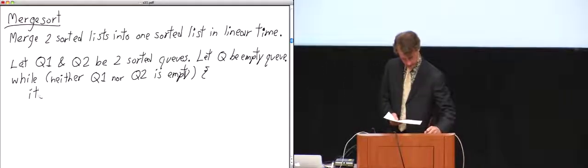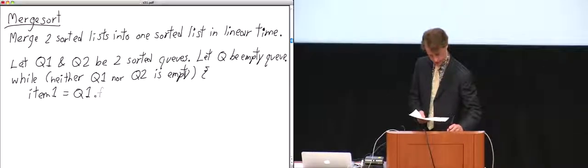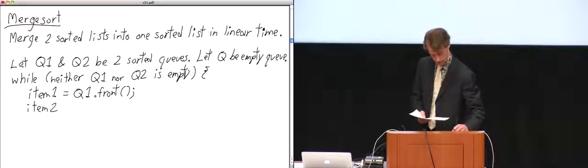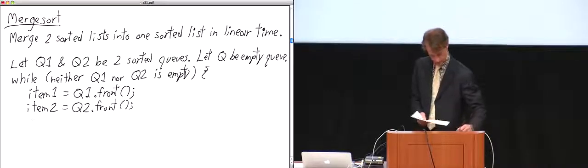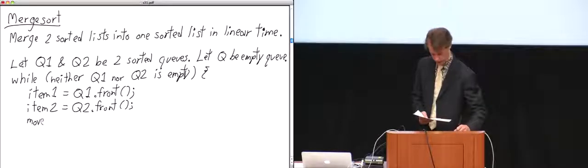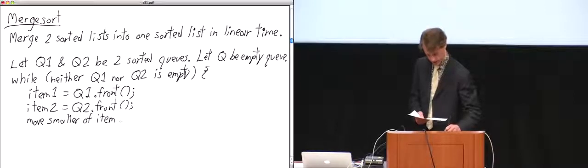So let's look at the item at the front of Q1, and at the front of Q2, and compare them. Whichever one is smaller, move it from where it is now to Q.